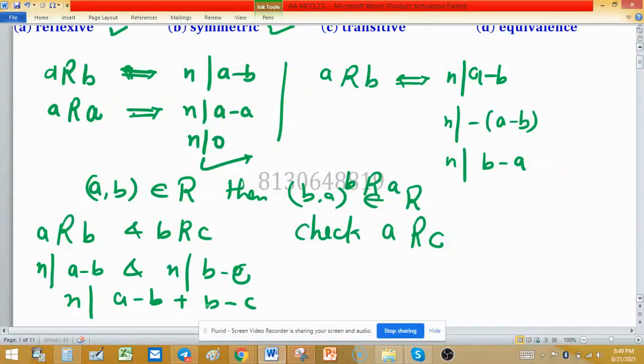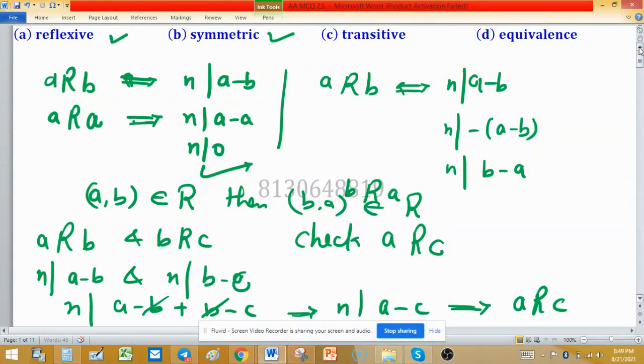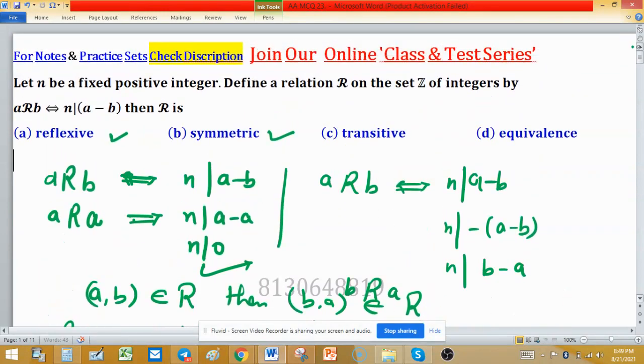So a minus b plus b minus c, where b cancels out with minus b, gives n divides a minus c. If n divides a minus c, this implies, by the converse of the if and only if statement, that a is related to c. So this relation is transitive also.